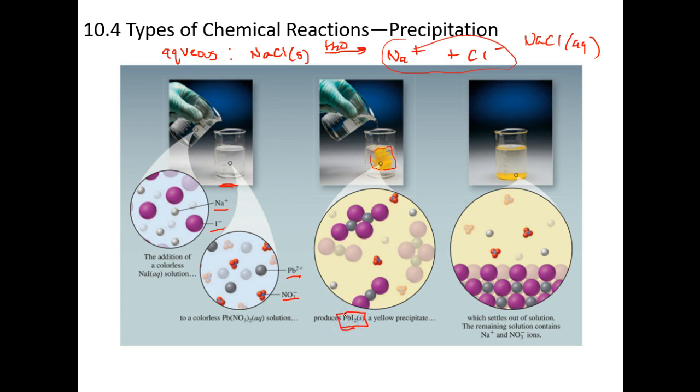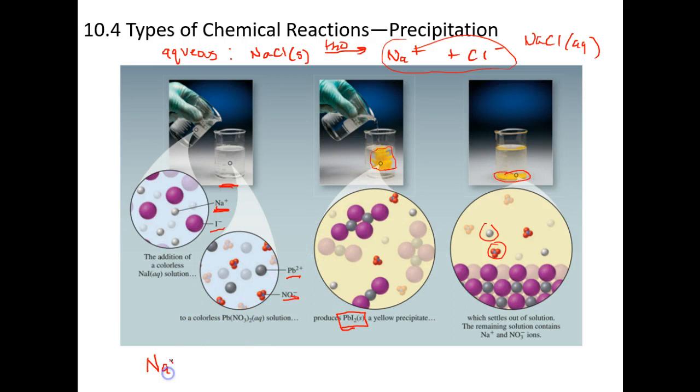That's the solid you're forming. But your sodium and your nitrate ions that were back over here stay ionized inside of our solution. So you can see at the bottom I have the solid lead iodide, but dissolved in the solution is the sodium nitrate. Let me just show you the chemical reaction.